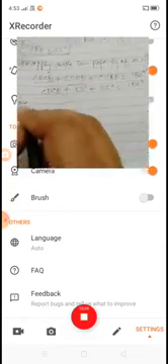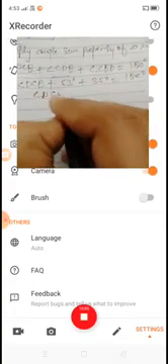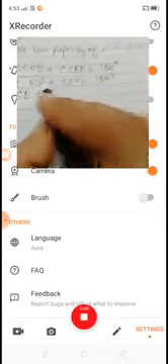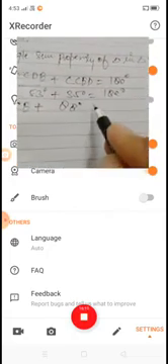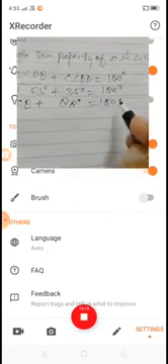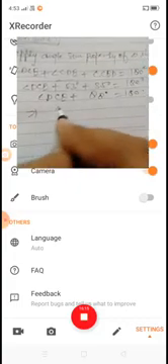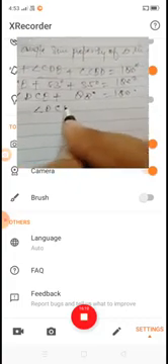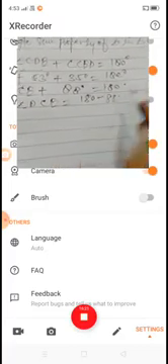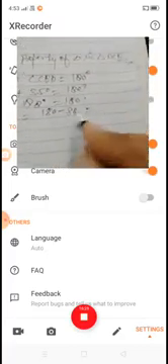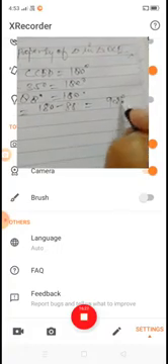Okay, now we get angle DCE plus 88 degrees is equal to 180. Now we have angle DCE is equal to 180 minus 88, that is 92 degrees.